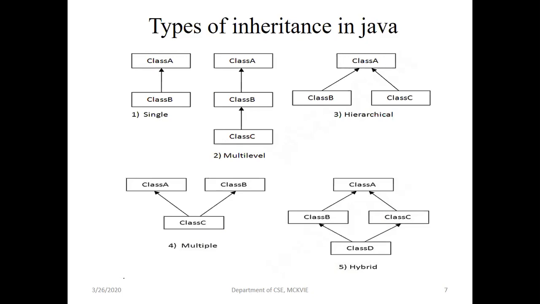Fourth one is multiple. The meaning of multiple inheritance is that the child class has more than one parent class. So here class C is the child class which has more than one parent class: one is class A, another one is class B. But in reality, in Java, multiple inheritance is not supported directly.